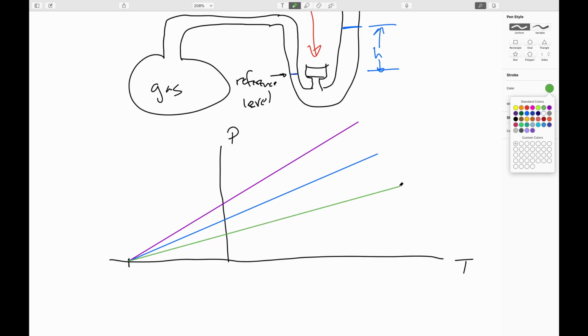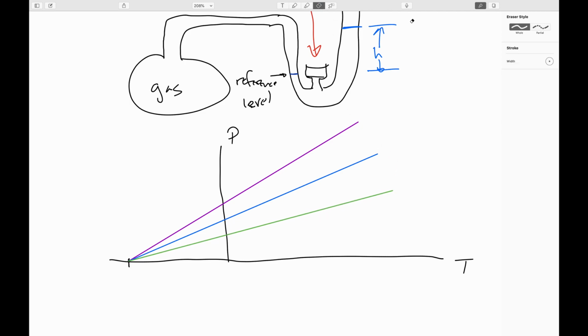And now what will happen is the gas will either go liquid or sublimate at some point, before it gets to zero. But it turns out that every single gas extrapolates to a pressure of zero at exactly the same point.